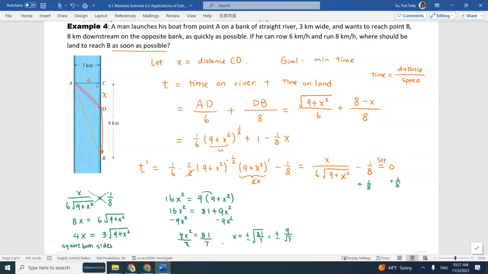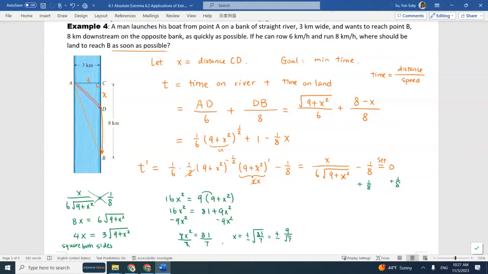And your x, think about the domain. Can your x be negative? Can you go backwards and go here? You can, but we know it won't be the shortest time. Do you agree, everybody?